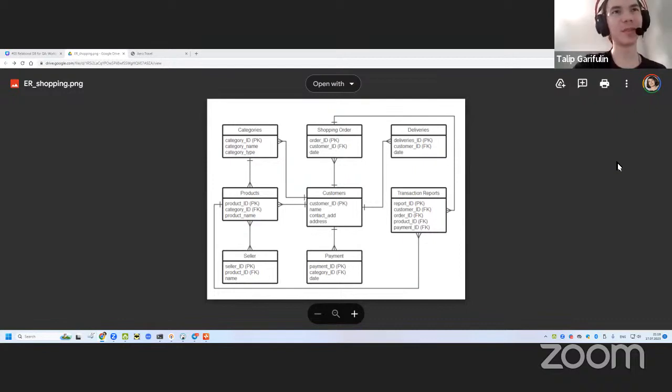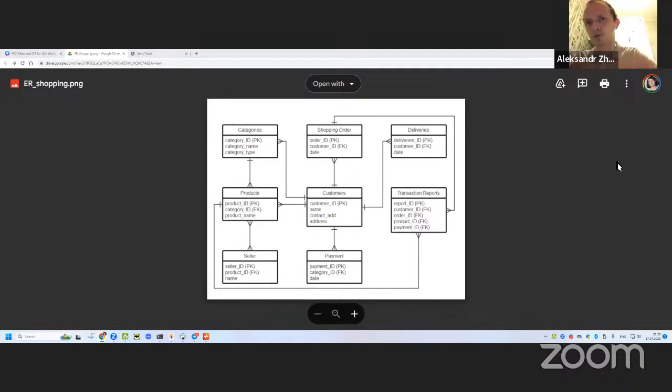I have a question about the relationship between categories and customers. It's one to many. I think it's supposed to be many to many, because we have a lot of categories and a lot of customers.